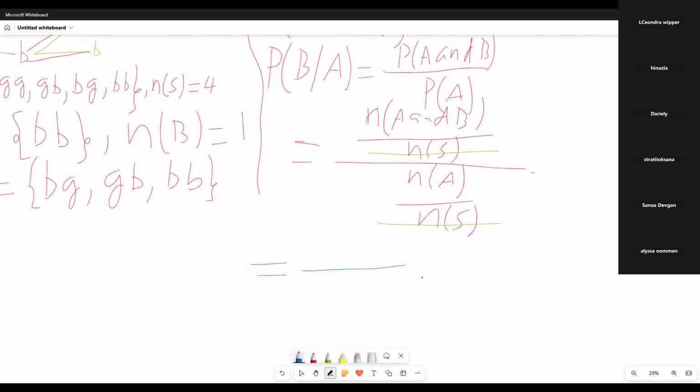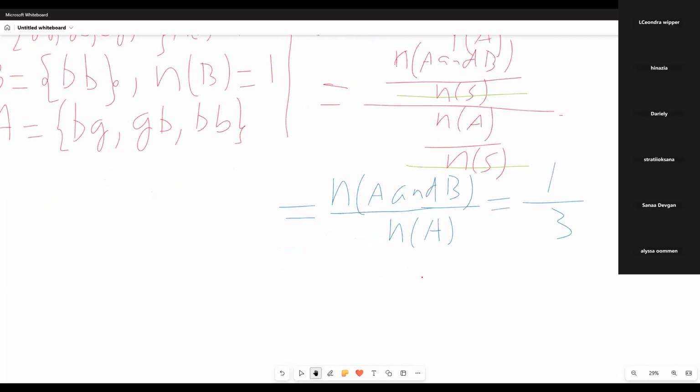Now you have only N of A and B over N of A. N of A and B, we found before, was 1. N of A is 3.